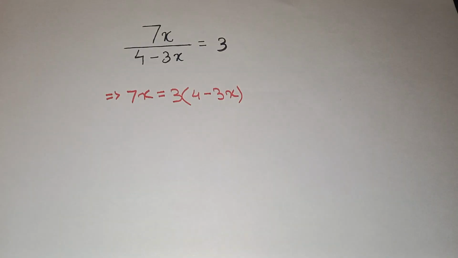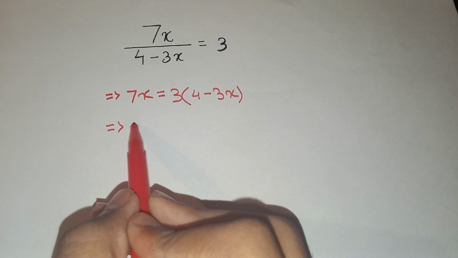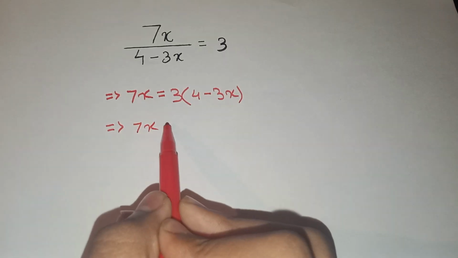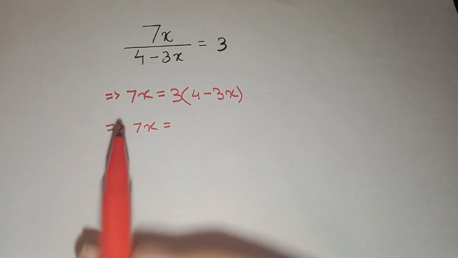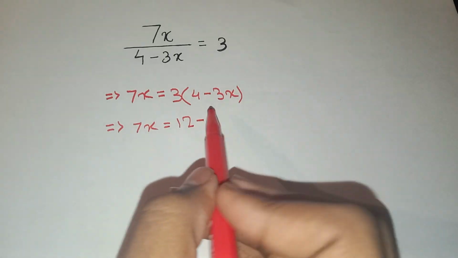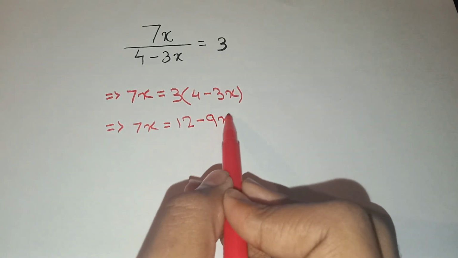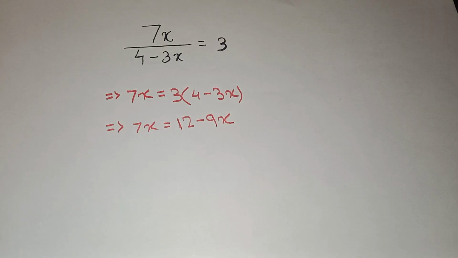Then we will multiply: 7x equal to, 3 4s are 12, 12 minus 3 3s are 9x. So 12 minus 9x.